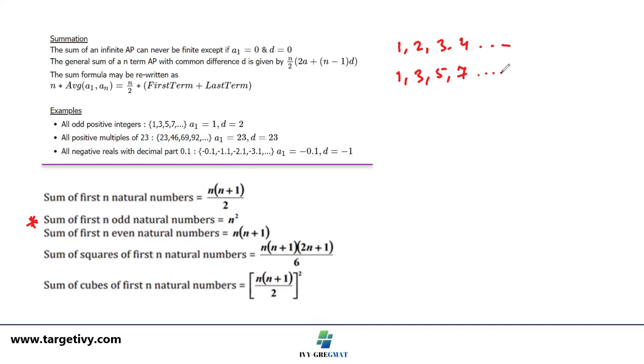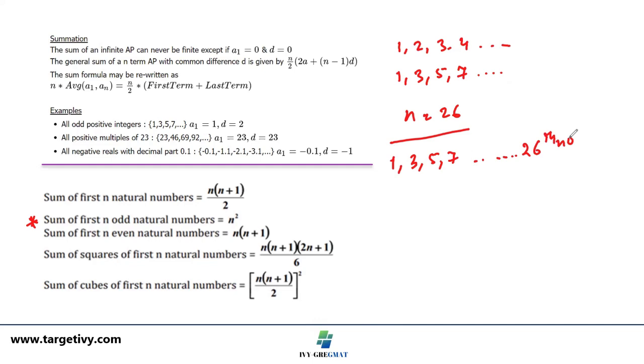So the first n odd natural numbers. Let's take another example. Say n is equal to 26. That means it is 1, 3, 5, 7 till the 26th number.